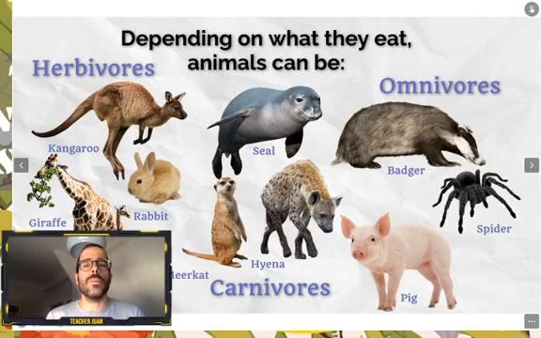Lots of people consider that spider is carnivore, but there are lots of types of spider that are omnivores, okay? And pigs, this little piglet eats everything you give to them. So, these are the classification of animals depending on what they eat: herbivores, carnivores, omnivores, okay?